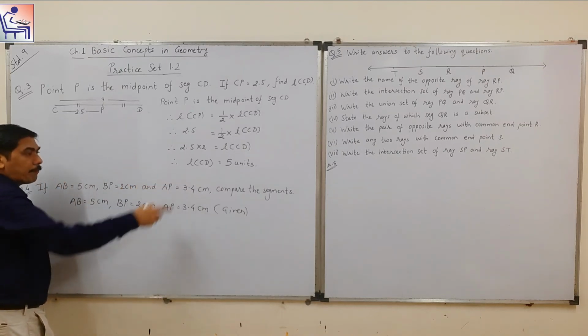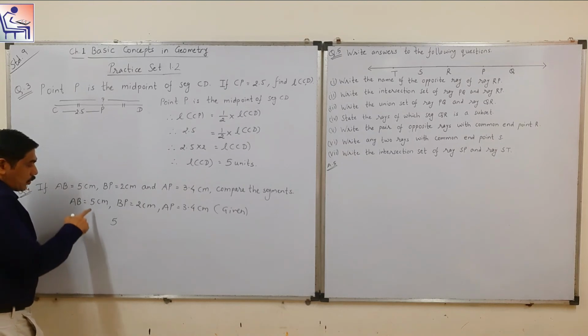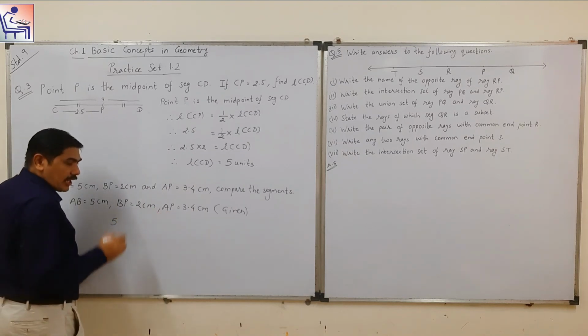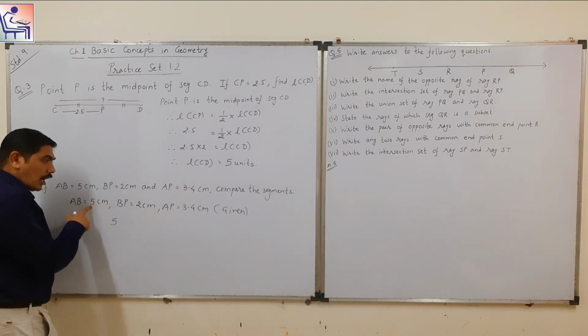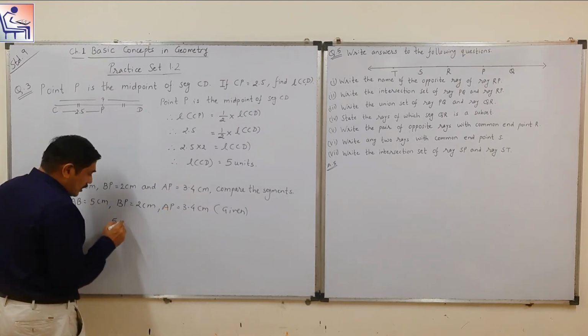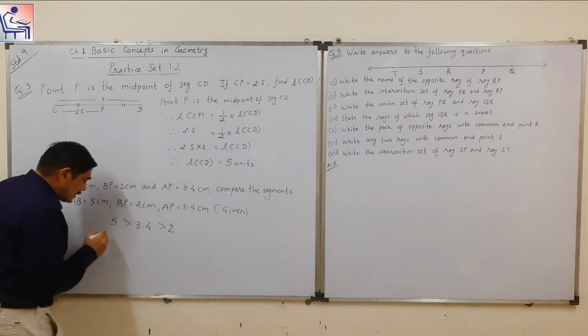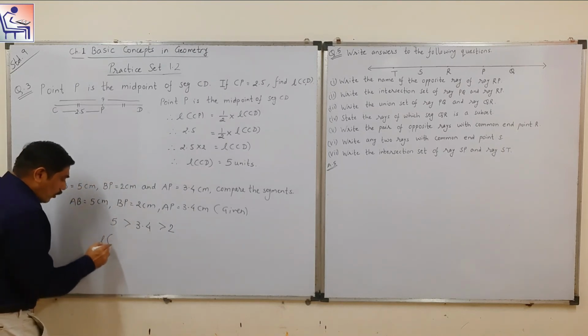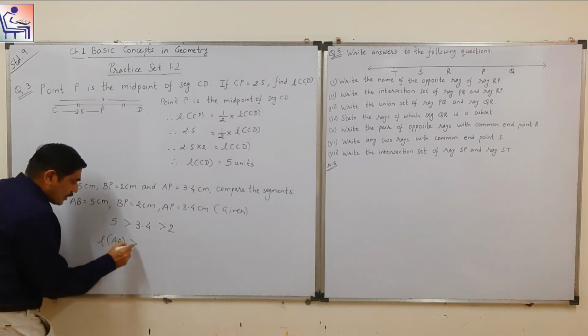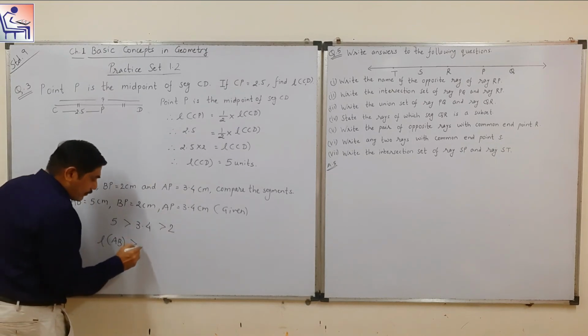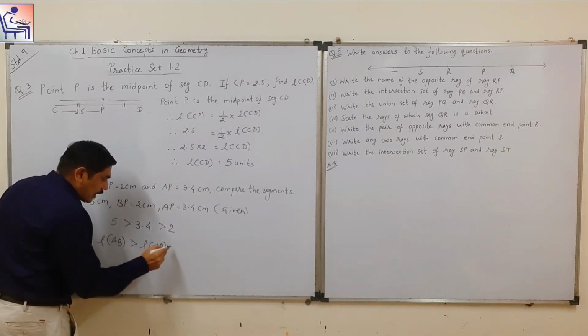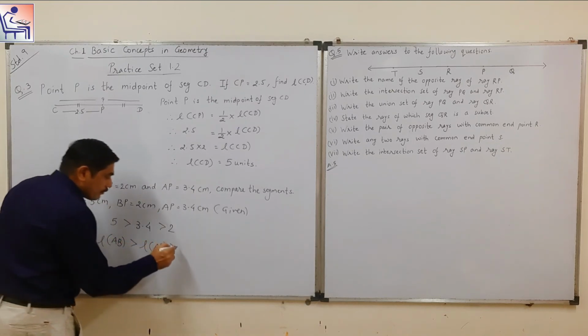We have to compare the segments. So we will see the length of each and every segment. So 5 is the highest value, then 3.4 and then 2. It means length of AB is greater than length of AP is greater than length of BP.